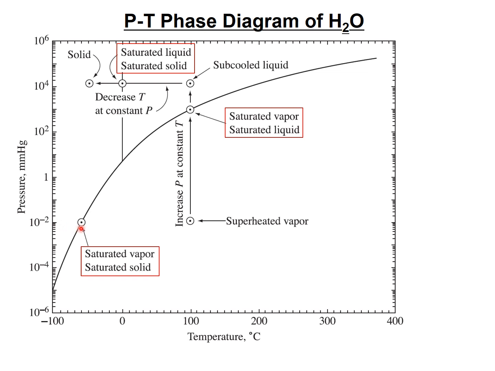So when you are talking about vapor, solid, liquid at the equilibrium line, then you should say saturated. Second one, saturated vapor, saturated liquid, because this is the coexistence curve of vapor and liquid. And on the solid liquid equilibrium line, you find saturated liquid, saturated solid. I mean, two phases are there.